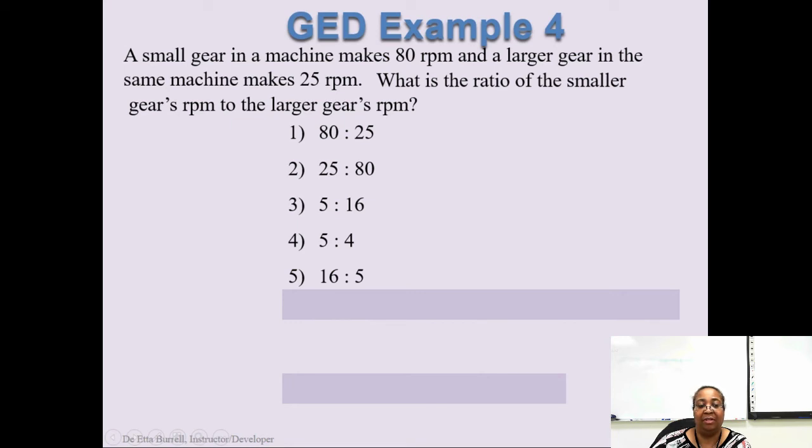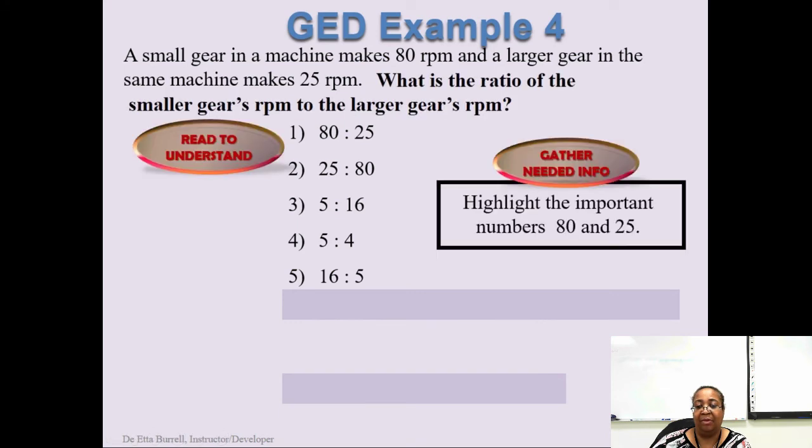They want it in the ratio of the smaller to the larger, which will give me that the 80 and 25. Then you want to put it in the right ratio of smaller to larger, because you know a smaller gear is going to turn faster than a larger one.